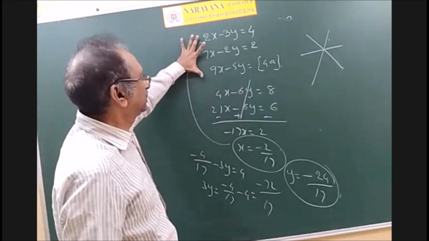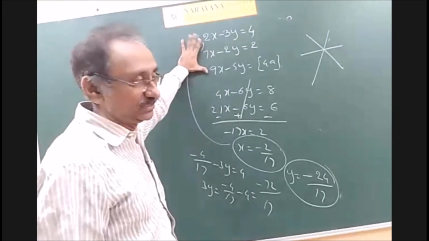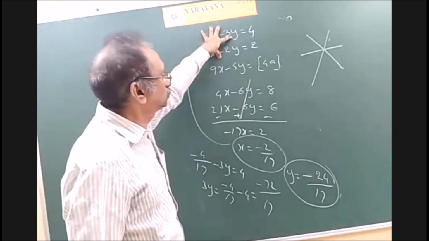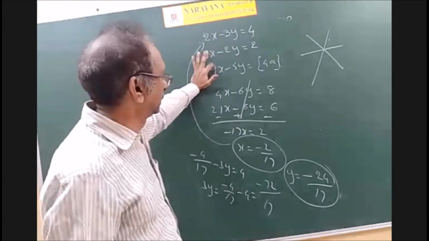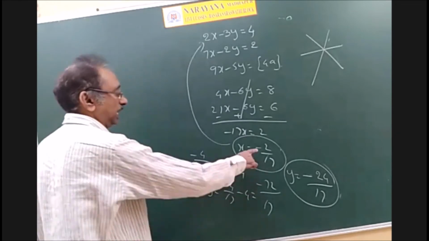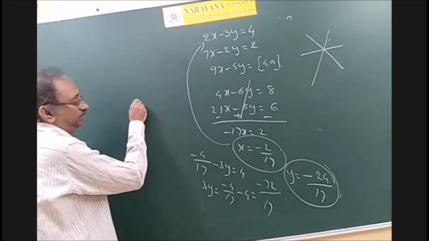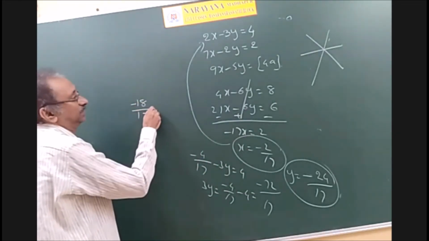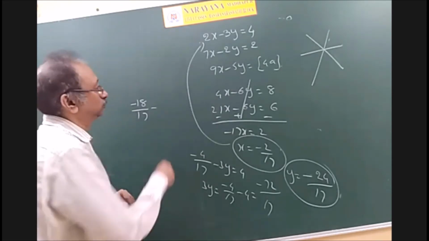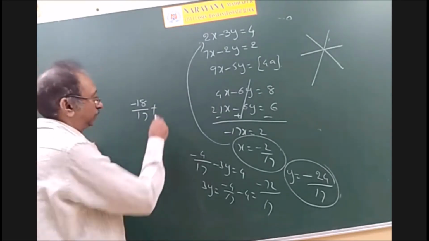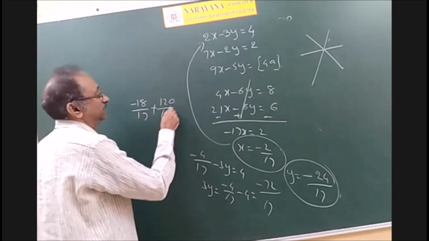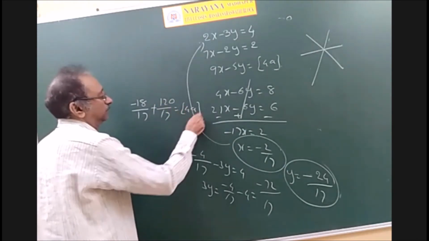Therefore, if at all the system is consistent, the solution of this also must be a solution of this. Therefore, it should satisfy this equation. Therefore, 9 into minus 2 by 17, that is minus 18 by 17, minus 5 into minus 24 by 17 is plus 120 by 17.